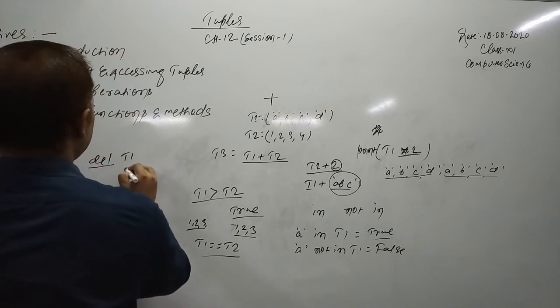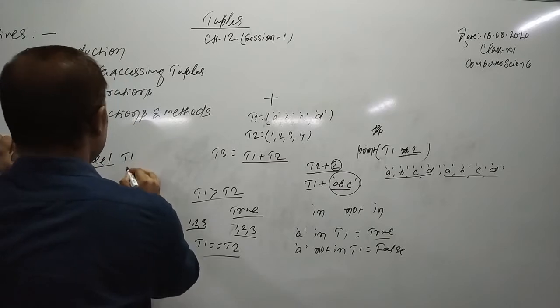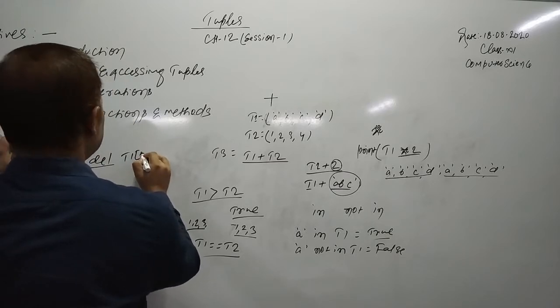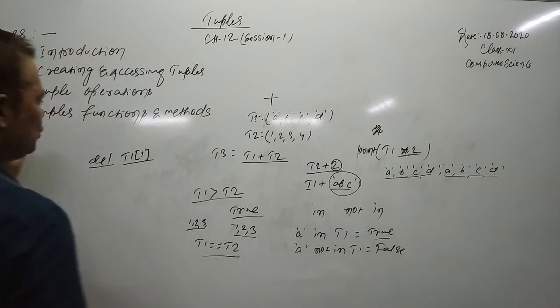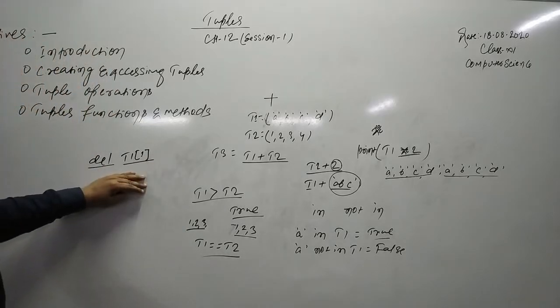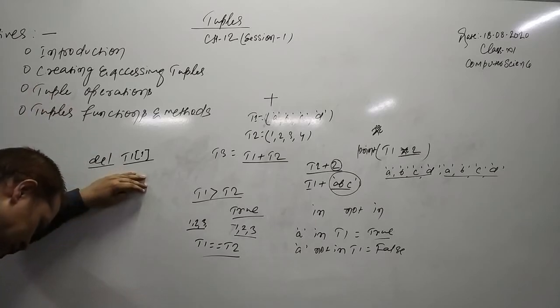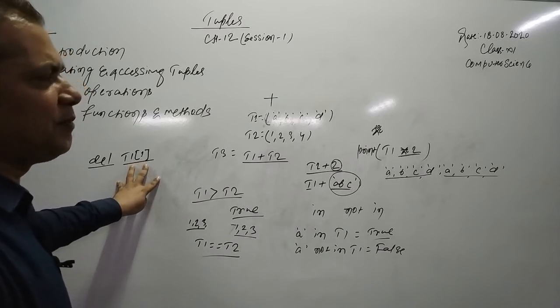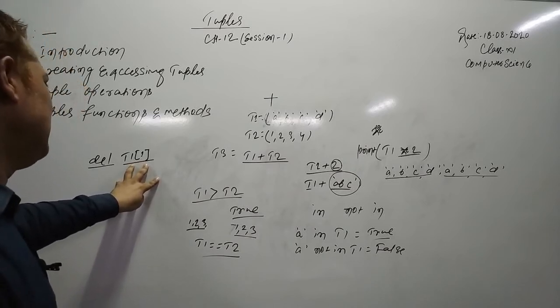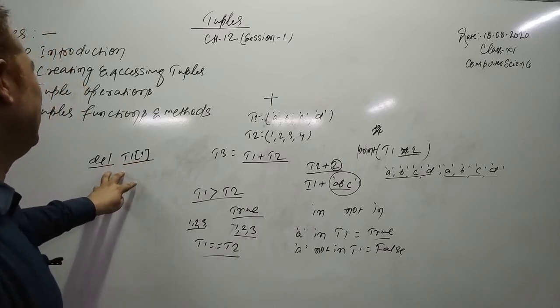A single element cannot be deleted, mind it. If I use T1 and then an element name, it will give you simply an error, though in the case of list it is very right. Reason, tuple is an immutable data type, and once it is immutable, you don't have a right to delete a particular element from a particular position. So this statement of yours is wrong.